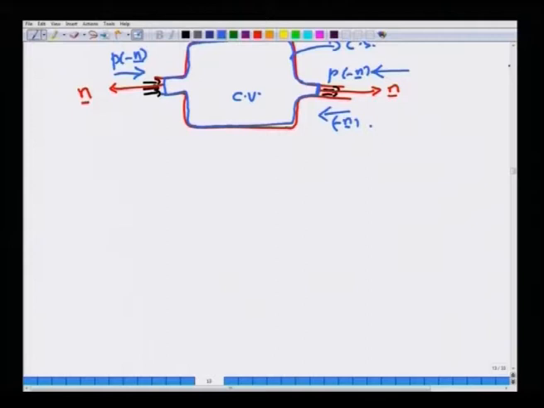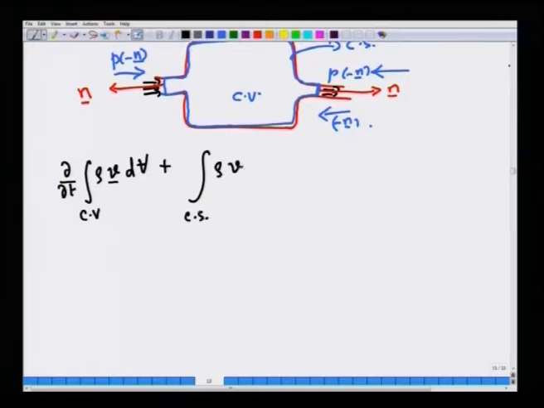So, another thing to understand is, let me just write down for your convenience the momentum balance again. After using the Reynolds transport theorem: the integral over CV of rho v dV plus the integral over CS of rho v (v dot n) dA is equal to Fs plus Fb.